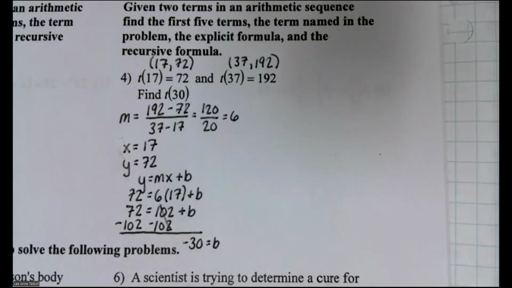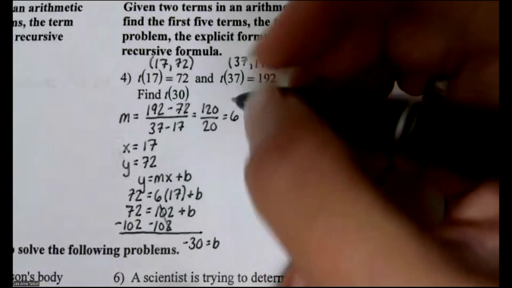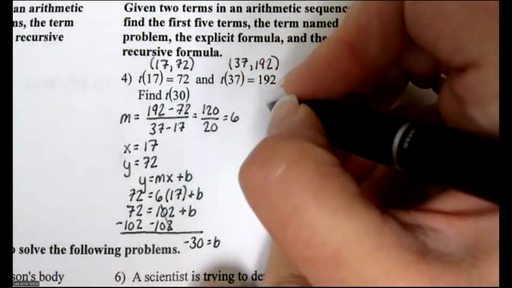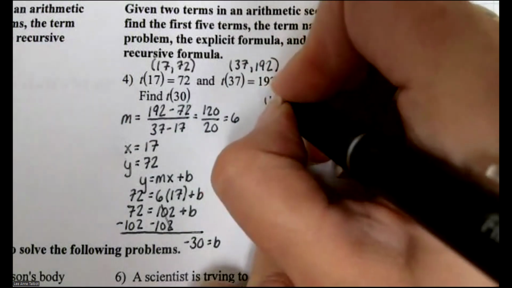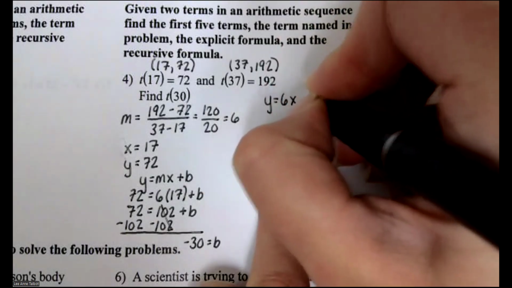I think you probably got it from here, but it's hard to recognize that that meant coordinates. Okay, but let's keep going. So what would my equation be if we were in chapter 2? Beautiful. Y equals 6x minus 30.